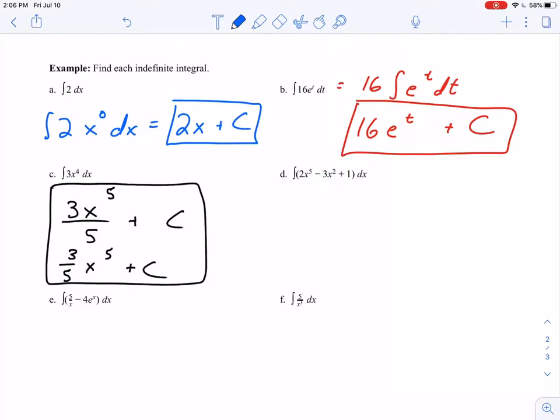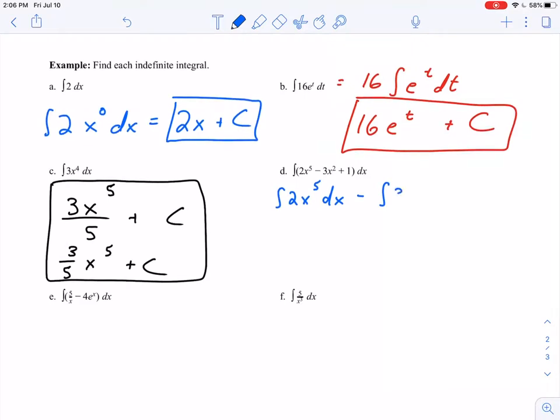So I could rewrite this as the indefinite integral of 2x to the 5th dx minus the indefinite integral of 3x squared dx plus the indefinite integral of 1 dx, and then integrate each one of those separately.